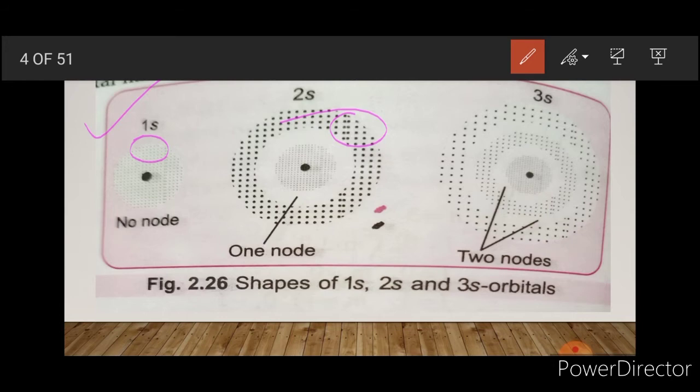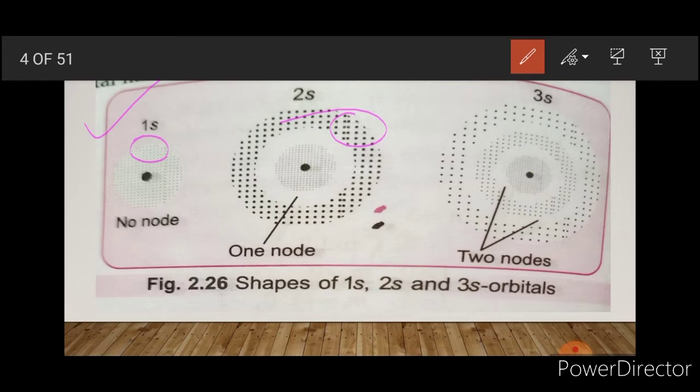The region where the probability is 0 is called nodal surface. Do remember, the region where the probability is 0 is called nodal surface, or simply we can call it node. Node also represents the point where the wave function changes its sign, from plus to minus.